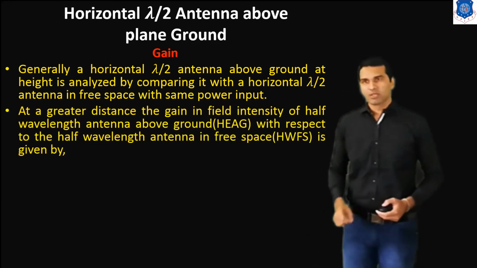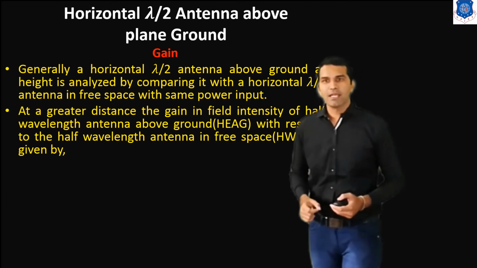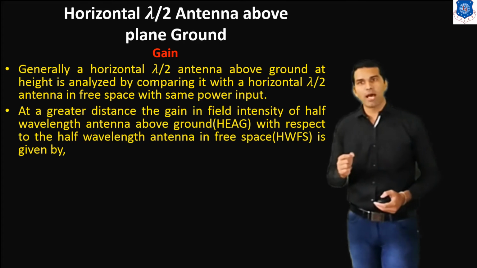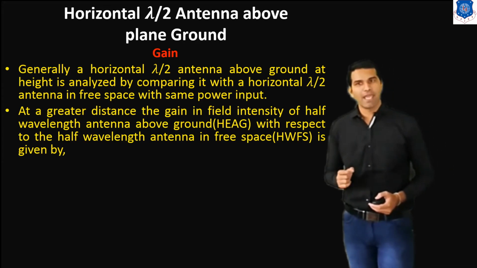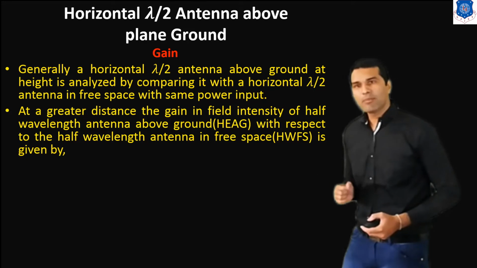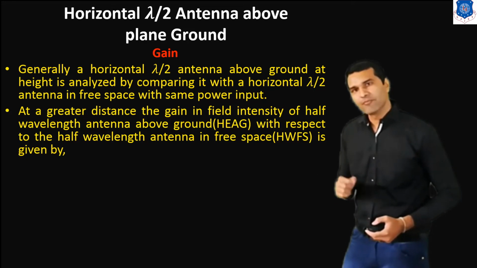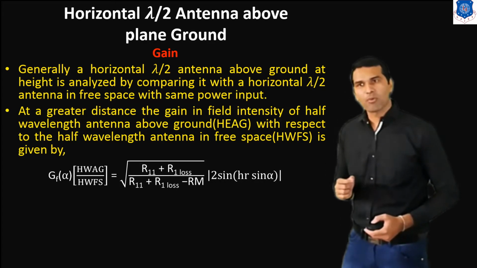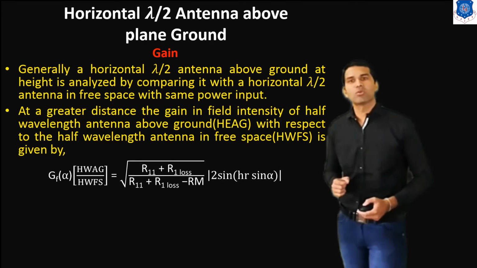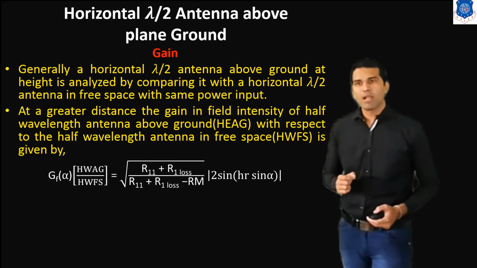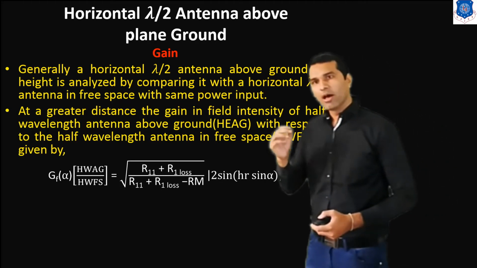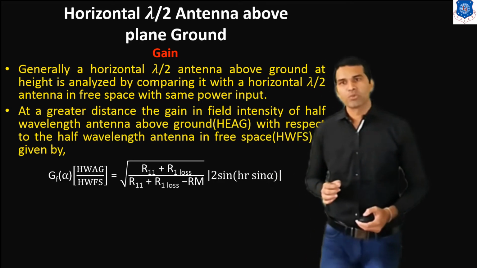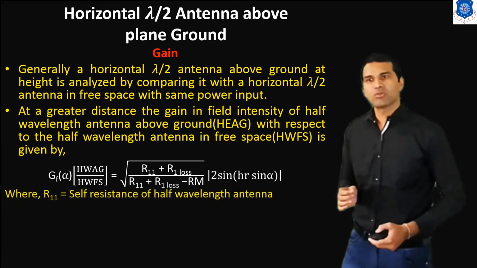At a greater distance, the gain in field intensity of the half wavelength antenna above ground, that means HWAG, with respect to the half wavelength antenna in free space, HWFS, is given by HWAG upon HWFS equals the square root of (R11 plus R1 loss) upon (R11 plus R1 loss minus Rm) into 2 sin(hr sin alpha).